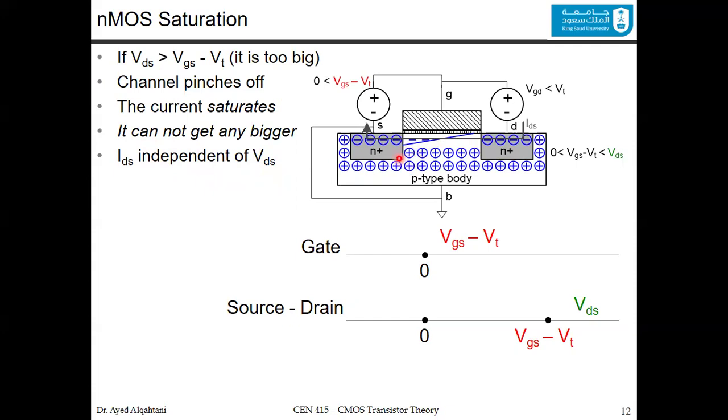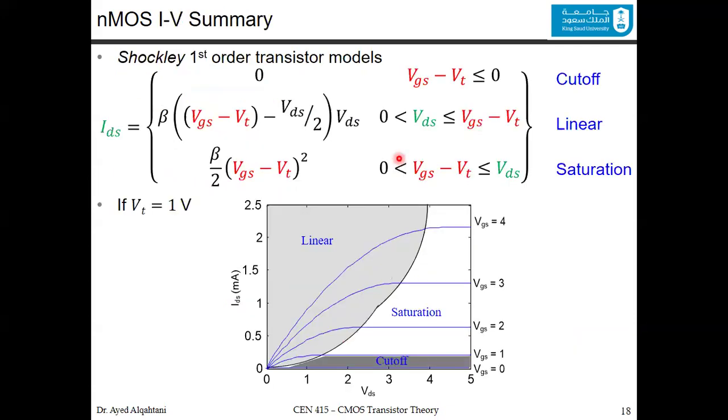Now, if we want to put these three regions together nicely in a mathematical model, we do it by introducing the Shockley first order transistor model. It gives you the relationship between IDS and VDS, which is the current and voltage within the channel, and this really matters to us in a transistor.